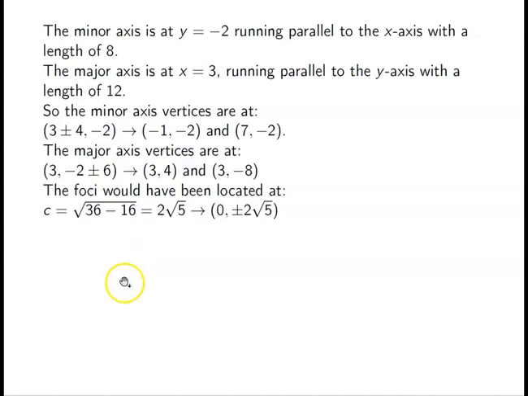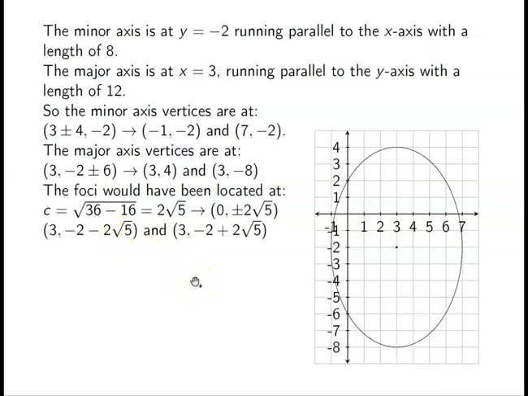So it's going to be (3, -2 plus or minus 2 root 5). So (3, -2) is where I started. I will add to that 2 root 5, and I'll subtract from that 2 root 5 in order to find the 2 foci.